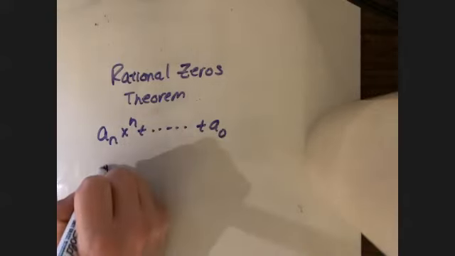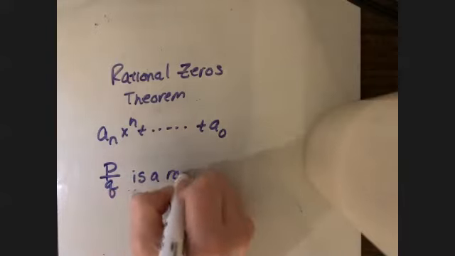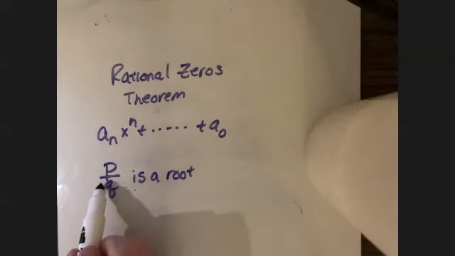If p over q is a root, okay, so they're specifying that this already is a root, it's a solution, it's a zero. All those phrases, root, solution, zero, all mean the same thing, okay? It's where it hits on the x-axis. And this is already in reduced terms, so we're not going to do 1/2 is different than 2/4. All of those are the same thing, as long as it is an equivalent version, okay?